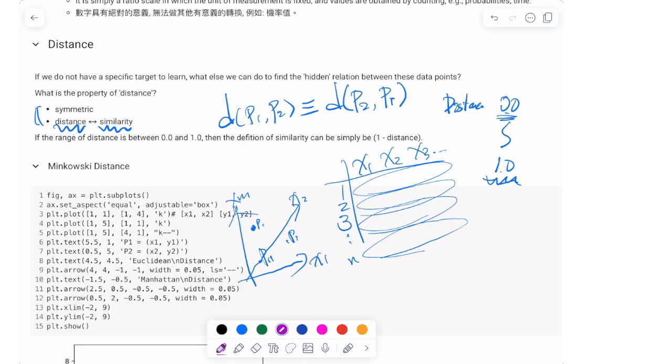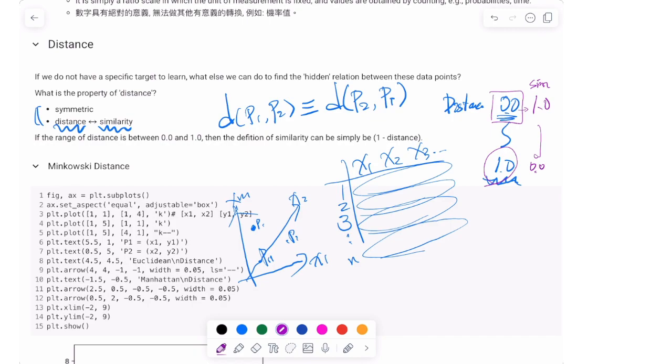Another concept is called similarity. For two data points, if their distance is 0.0, we say their similarity is 1.0. If their distance is 1.0, which means they are far away, we say the similarity of these two data points is 0.0.